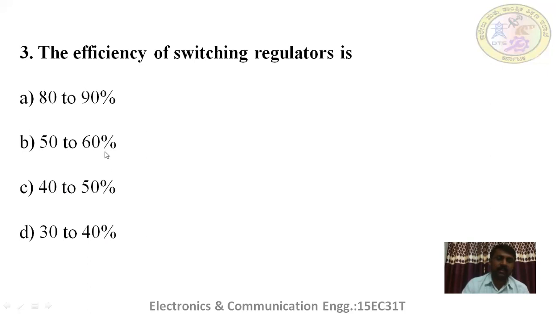This range of efficiency can be achieved with the help of linear voltage regulators, but switching regulator provides much more efficiency, that is 80 to 90%. Therefore, the efficiency of switching regulator is 80 to 90%. The answer is option A.